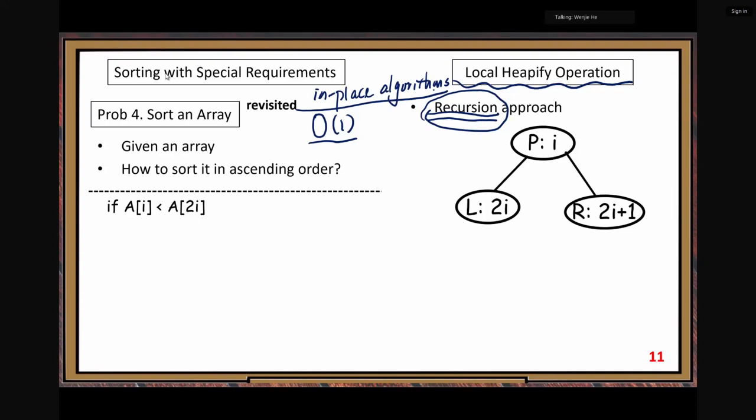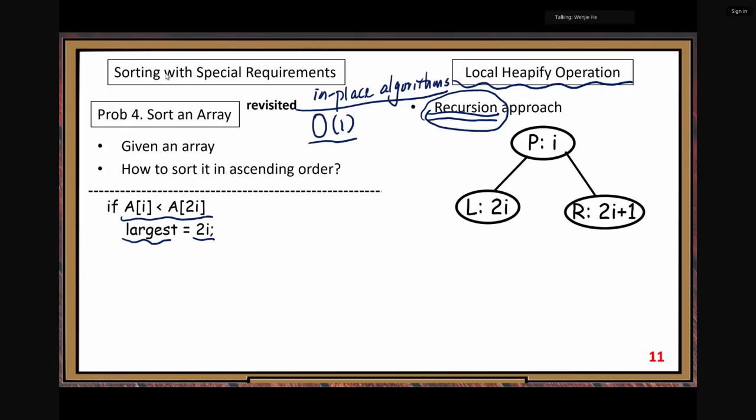After the first comparison, we find the violation at this place. Now, what do we do? Here, we do not do the swap immediately. We use a variable called largest. We store the index number 2i into that largest variable.